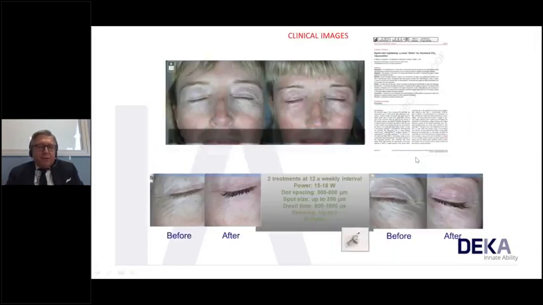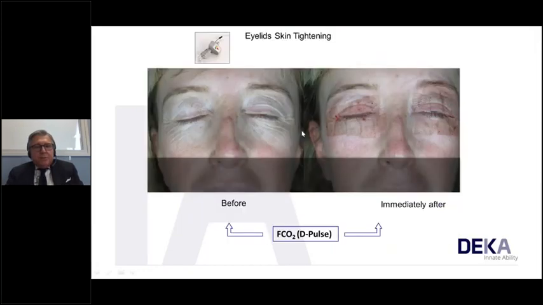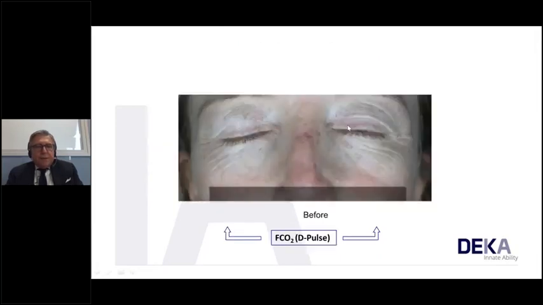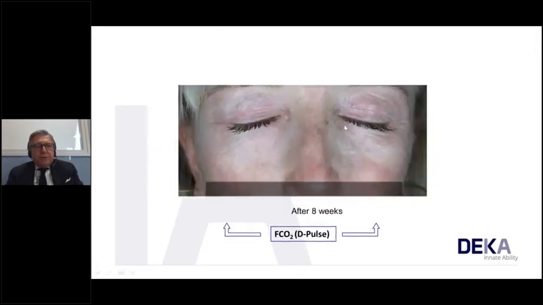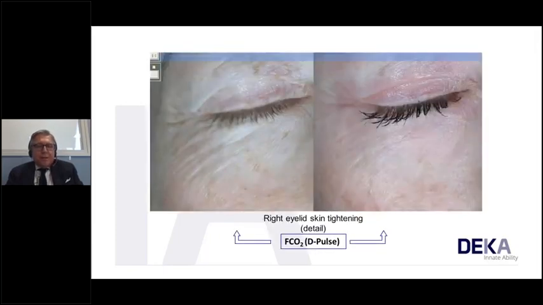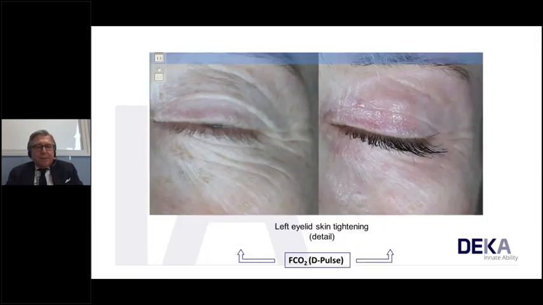This is one of the cases that we published in a 40 year old female. We treated, and you see the pre-operative picture and immediately after, before and after. You see the tightening of the skin, and normally the recovery time is pretty smooth if you use the proper parameters. You see the detail on one side and the other side. So dramatic tightening of the skin.